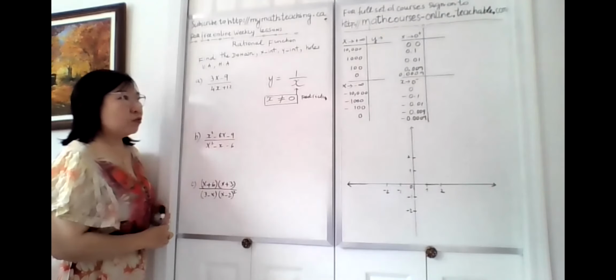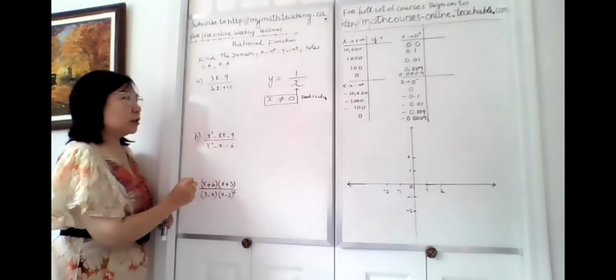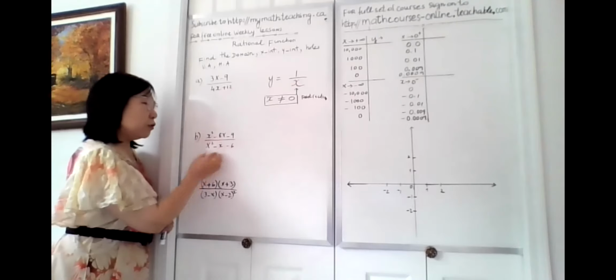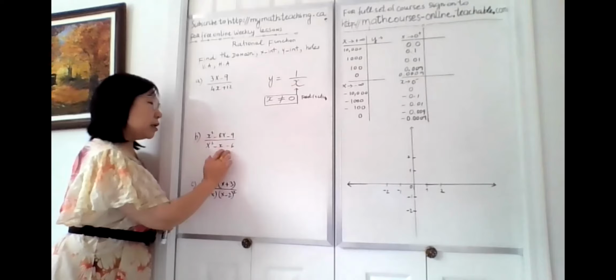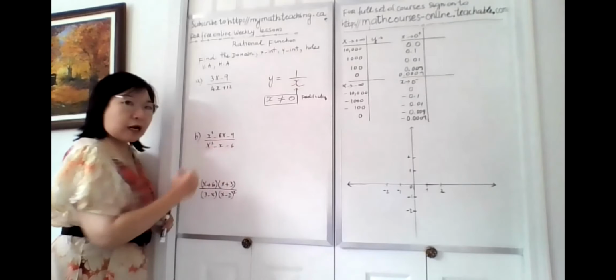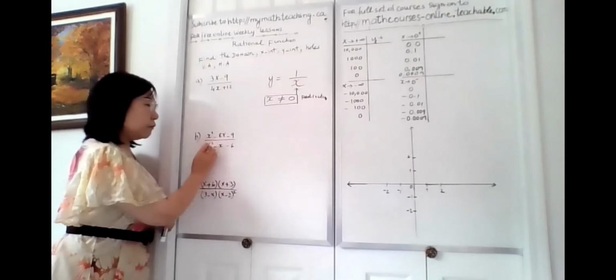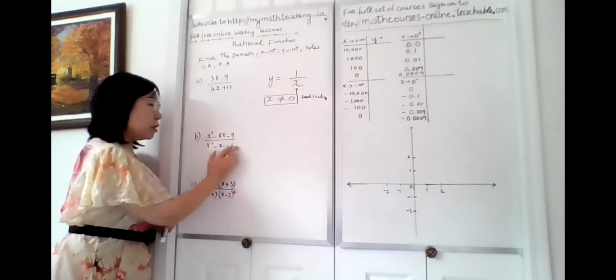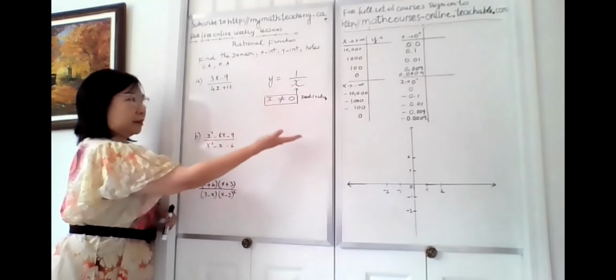And therefore, we have to learn how to manipulate the expression and solve for what value of x makes this denominator, the whole thing here, become 0. Then we can make a statement something like this.